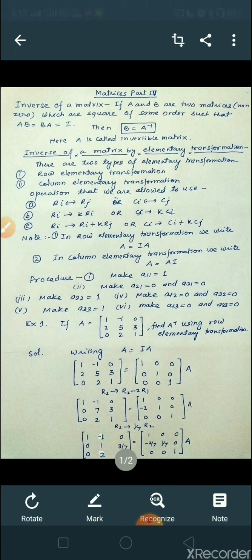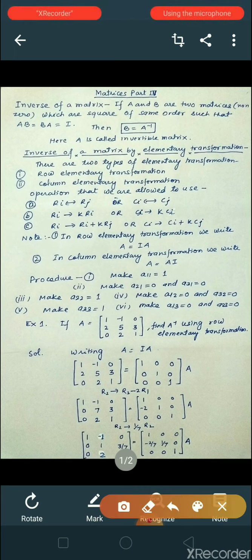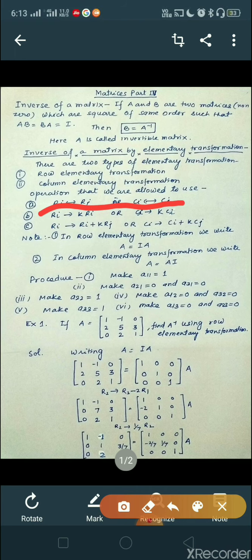Operations that we are allowed to use while solving for the inverse of a matrix, there are three operations that can be used. First, we can interchange rows, means R1 can be replaced by R2 and vice versa. R2 can be replaced by R3, R3 can be replaced by R1.